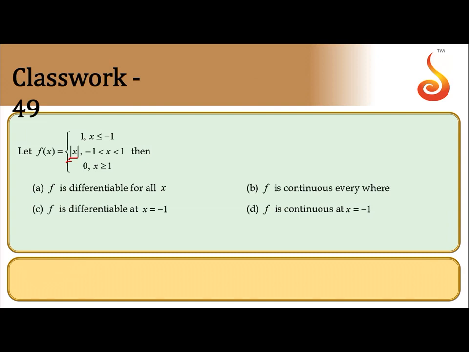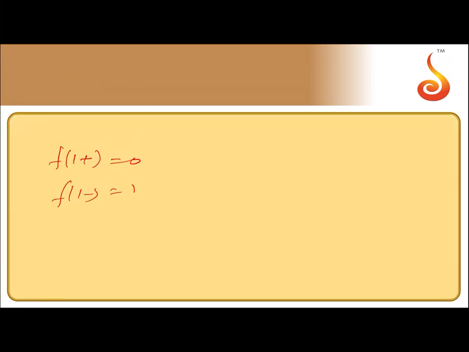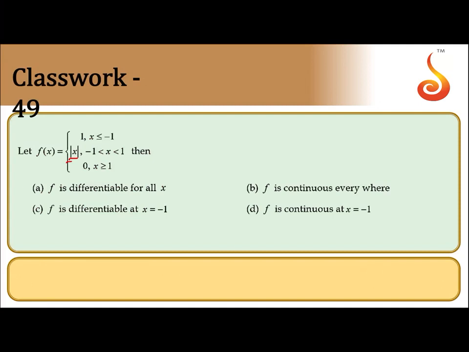But when I take x equals to 1, left of 1 it is 0, right of 1 it is 0. f of 1 plus is equal to 0, f of 1 minus, I hope we'll be getting, is 1 now. So therefore, f of 1 plus is not equal to f of 1 minus. So obviously, the function is not continuous at this point, and therefore f is not differentiable at x equals 0.